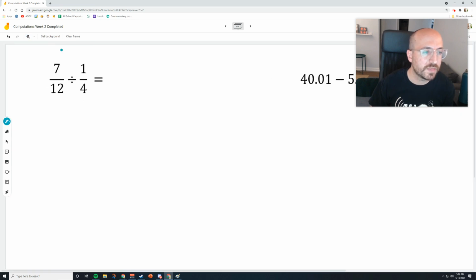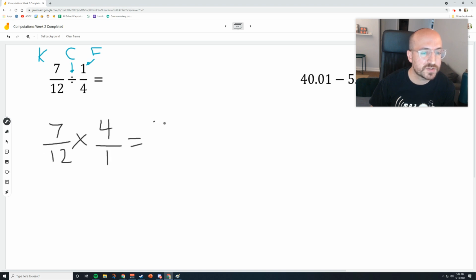Let's do that same thing here. Keep, change, and flip. And I think I might even show you why this is the answer. But let's just get the answer first. Let's keep 7/12. Let's change division into multiplication and flip to the reciprocal.